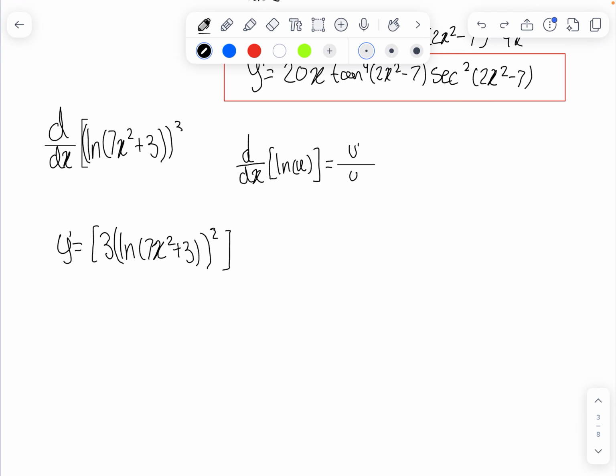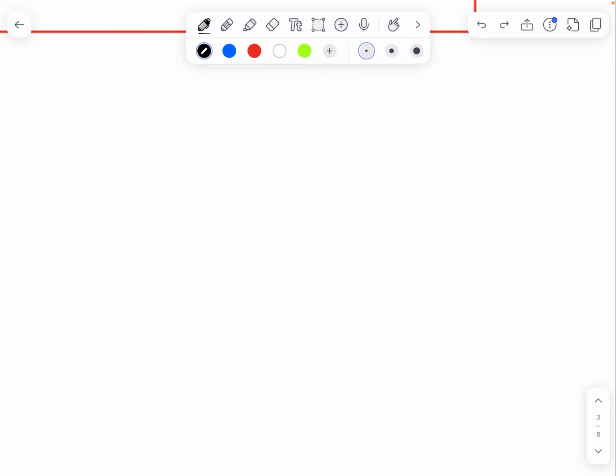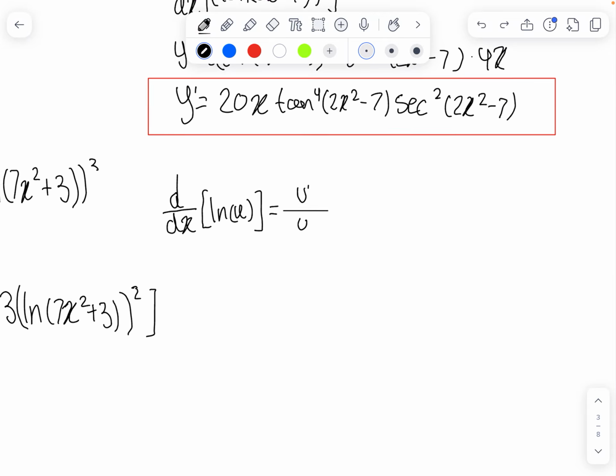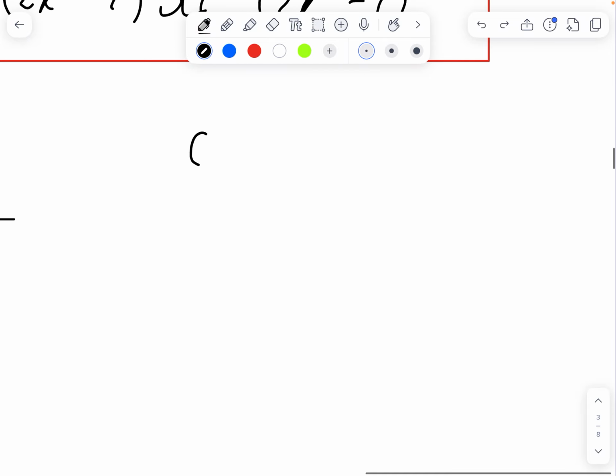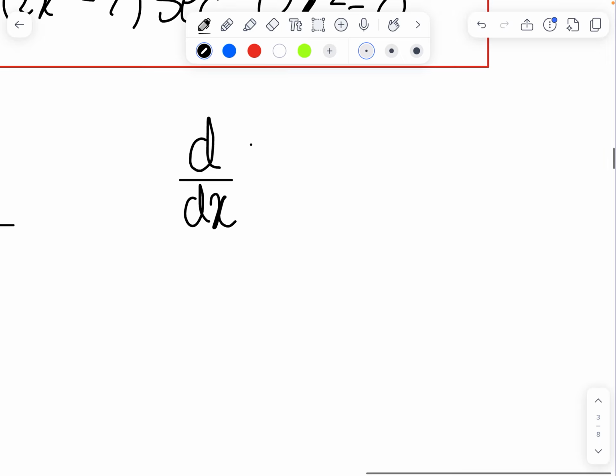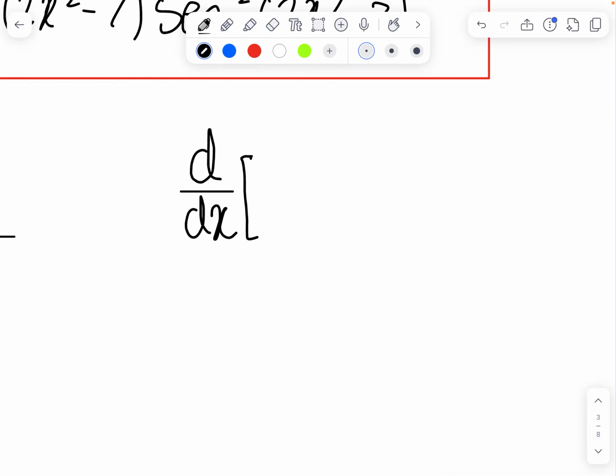So I'm probably going to do a separate thing for this. So the derivative of 7x squared plus 3. Sorry, it's ln.